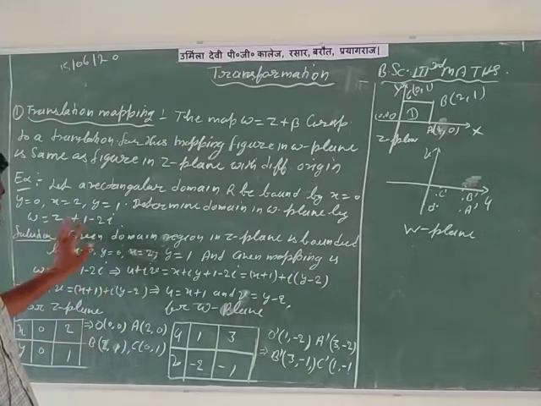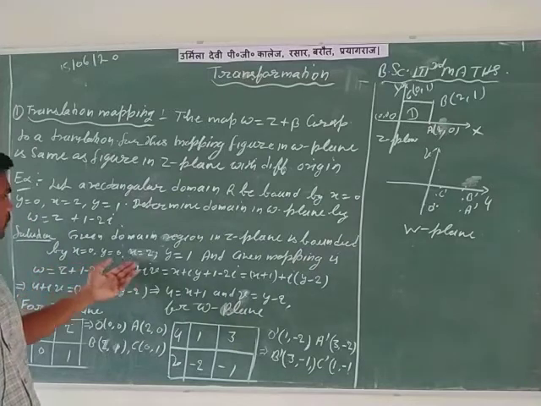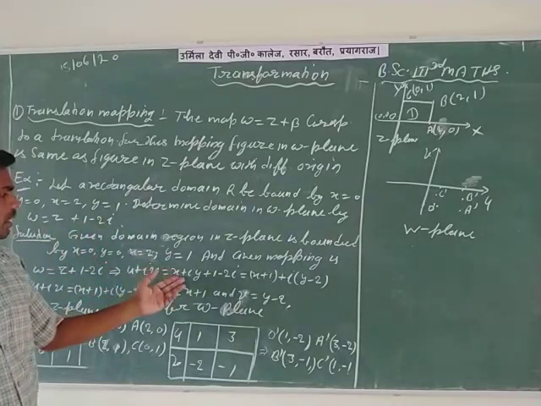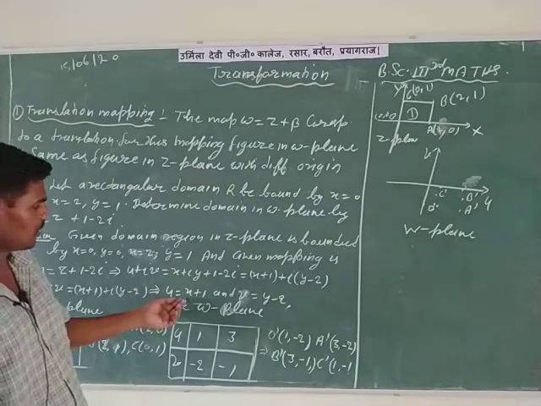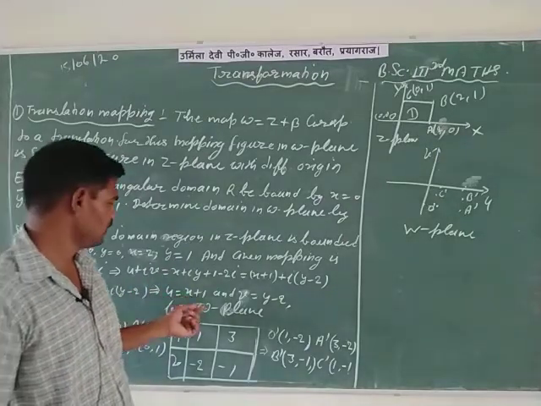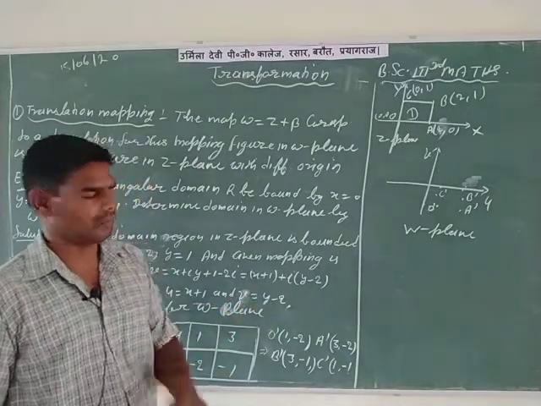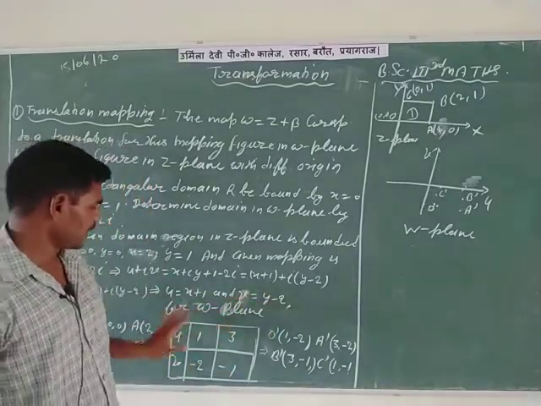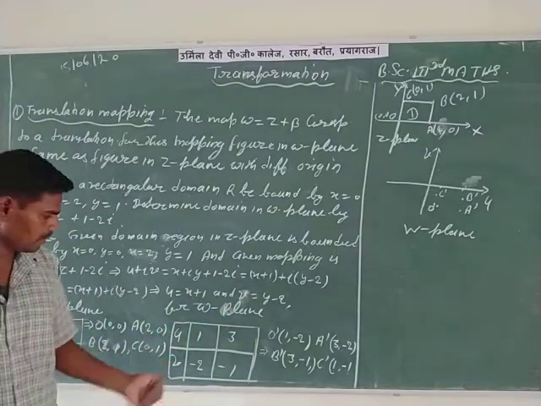Here, putting the values of Z and W, W is equal to u plus iv and Z is equal to x plus iy. After simplification, the real part u is equal to x plus 1 and the imaginary part v is equal to y minus 2. Draw a table for this u and v.